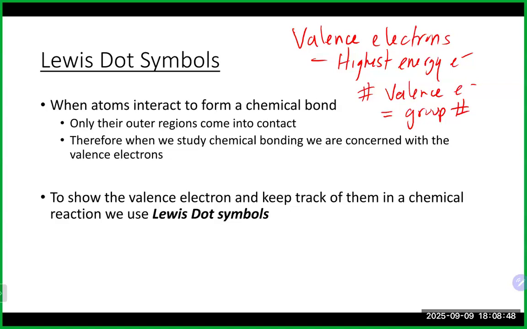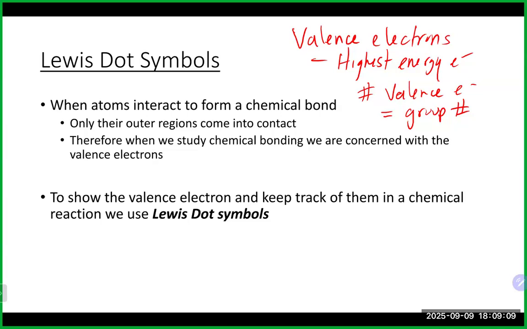So a Lewis dot symbol, which is also sometimes just more generically called these days an electron dot symbol, is basically a symbol that represents the element and 1 dot for each valence electron that it has. And in a Lewis dot symbol, we only show the valence electrons.